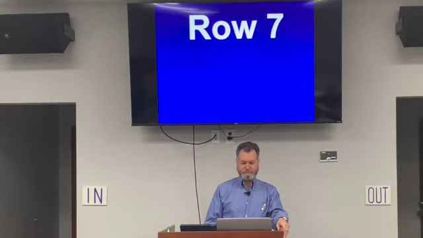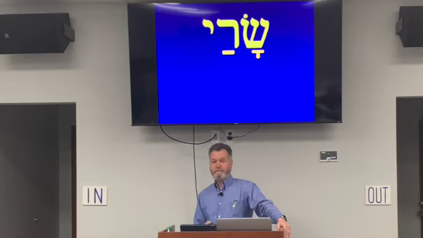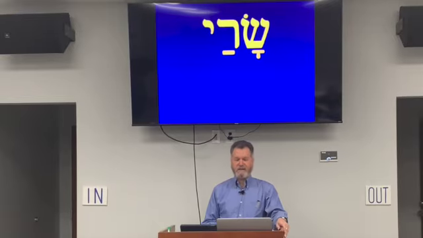Row 7. Question. Is Sar prince? And is it with the sheen or the sama? Sheen. We're about to see this on this word right here. Sarai. Anybody know anybody named Sarai? And what does her name mean? Princess, right?